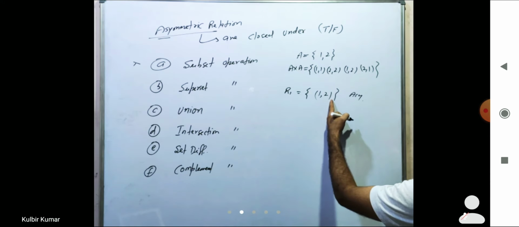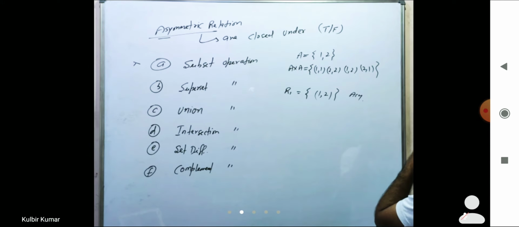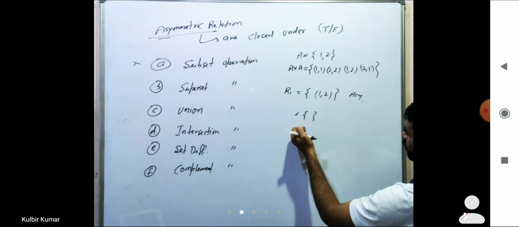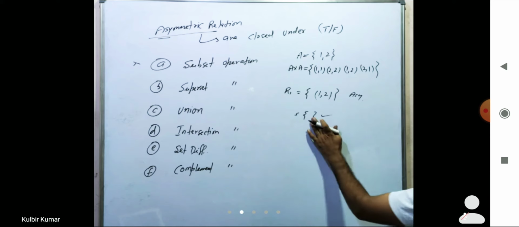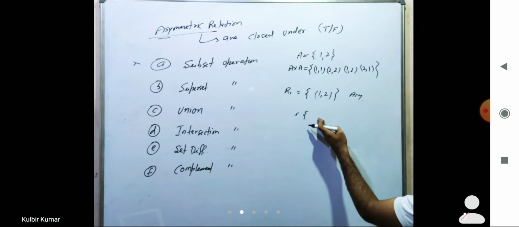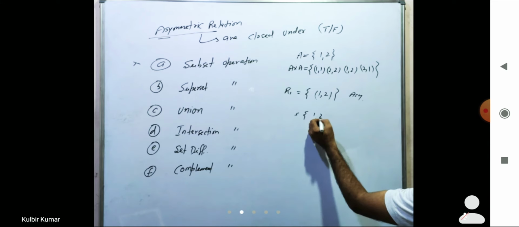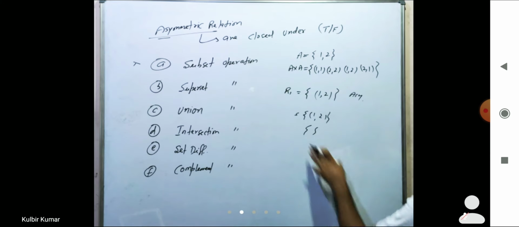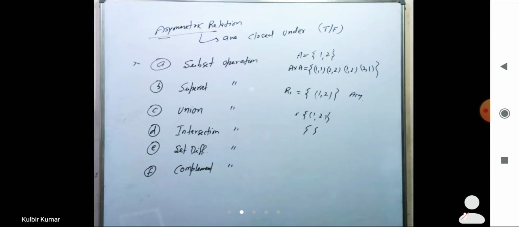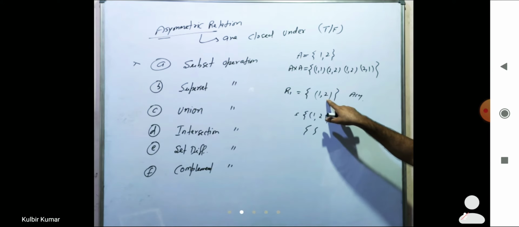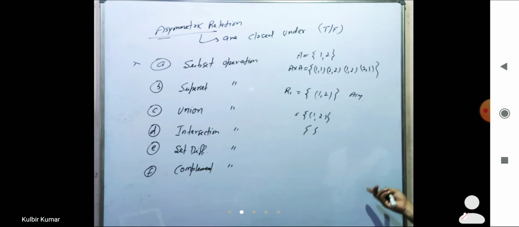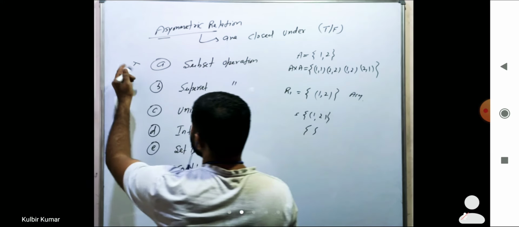And if I take a subset of this one, what can be the subset? 1 comma 2, or the empty relation, that is possible, and exactly the same one can also be a subset. 1 comma 2, this ordered pair is exactly the same, this is also asymmetric. The empty case is also asymmetric. Any other case also possible will be asymmetric, because there will not be any ordered pair of the 1,2 and 2,1 type or diagonal type, so its subset will obviously be asymmetric type. So the first one is true.